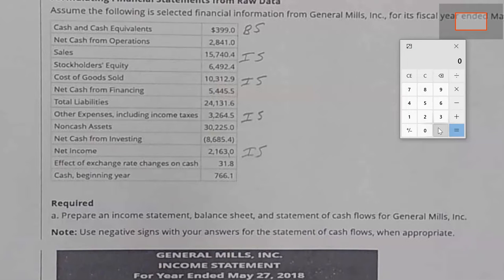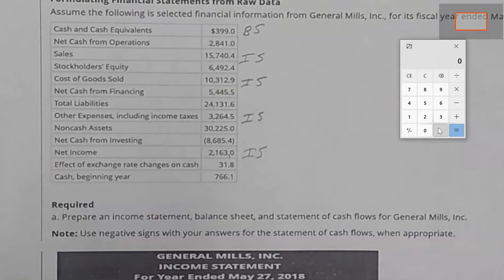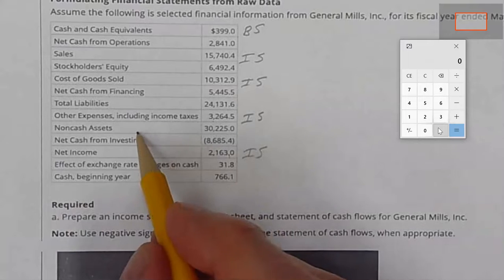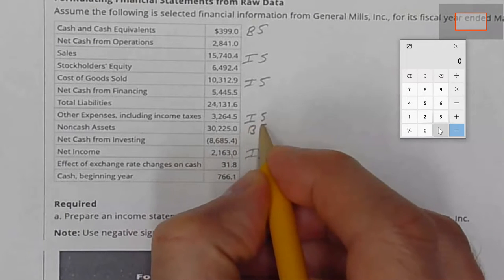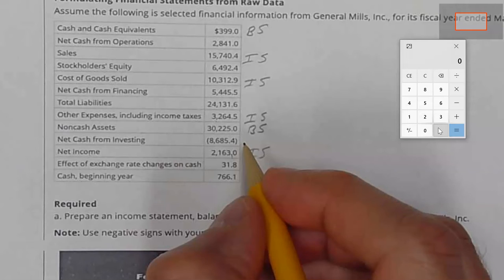Yes, we have non-cash assets. Let's see, where did that go? Non-cash assets right here. This is going to be a balance sheet item, and that figure is 30,225.